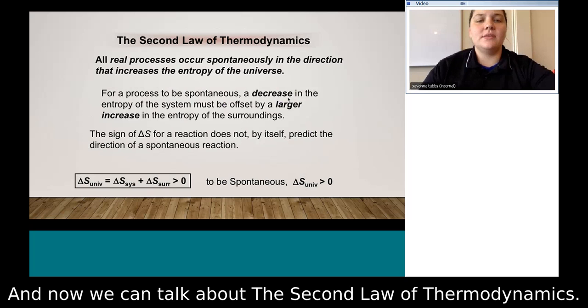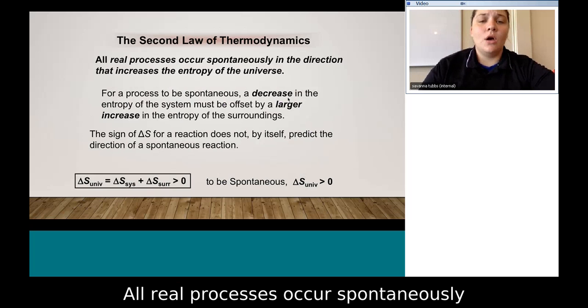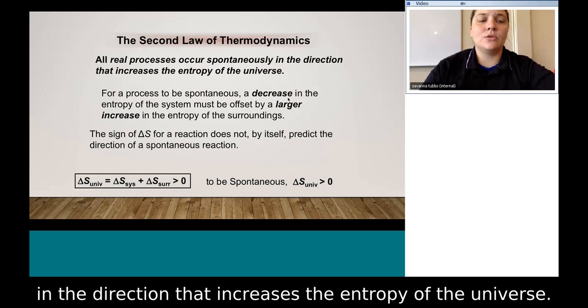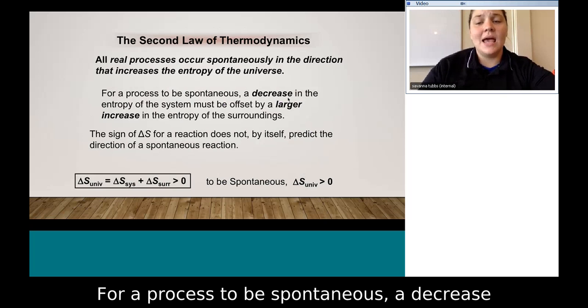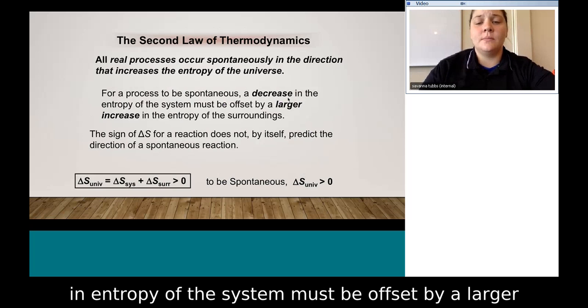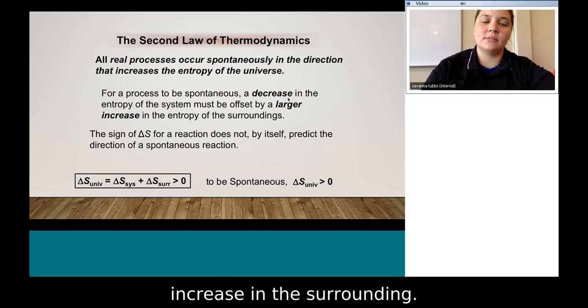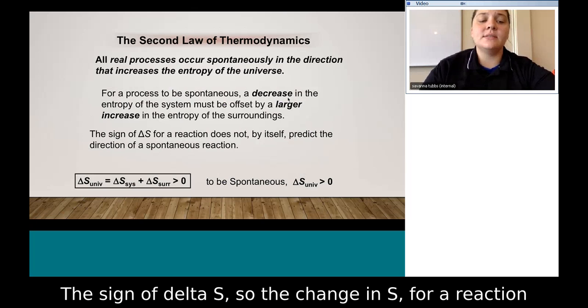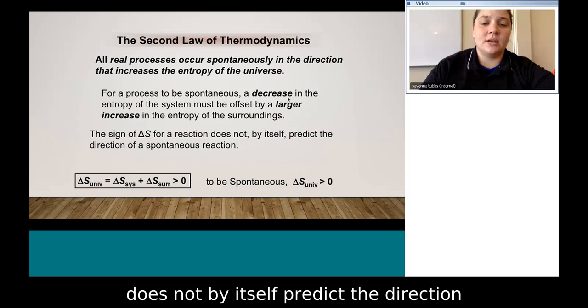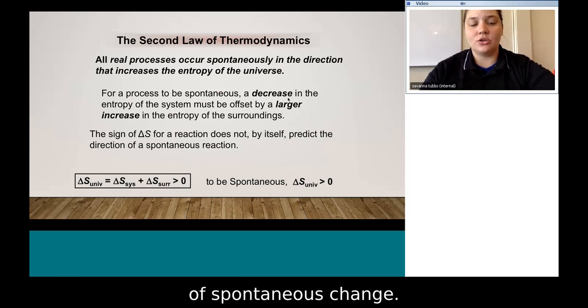And now we're going to talk about the second law of thermodynamics. All real processes occur spontaneously in the direction that increases the entropy of the universe. For a process to be spontaneous, a decrease in entropy of the system must be offset by a larger increase in the surroundings. The sign of delta S for a reaction does not by itself predict the direction of spontaneous change.